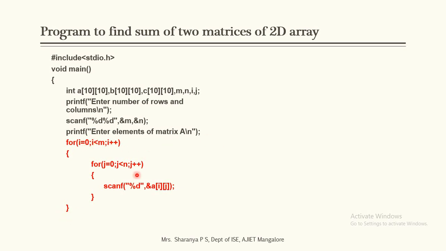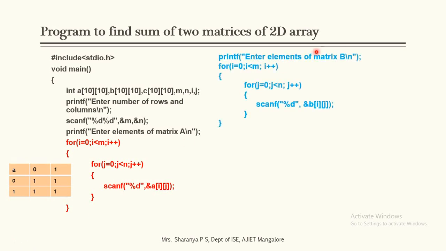Here M and N are the rows and the columns of the matrix A, and here we are storing the elements to each of the locations given by M and N. And then suppose the user has entered 1, 1, 1, 1 as the matrix values, then in the A matrix, in the positions with the I value 0 and 1, and the J value 0 and 1, these elements are stored like this.